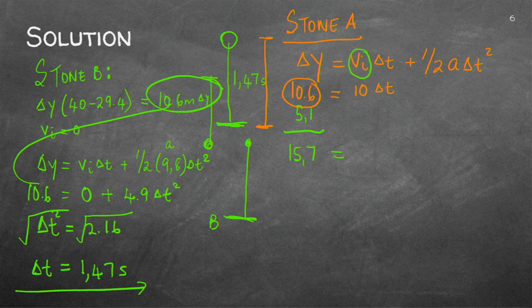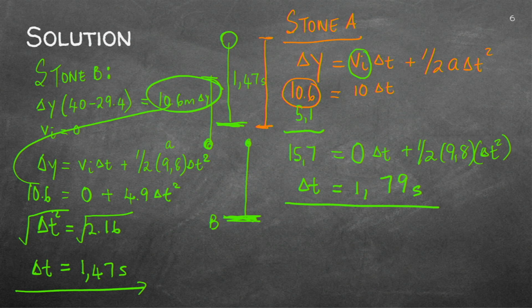So I've got 15.7, I've got Vi. Now I can substitute Vi with 0 delta T plus a half 9.8 delta T square. It's 15.7 from the top to where it's next to ball A, and you now calculate delta T as 1.79 seconds.